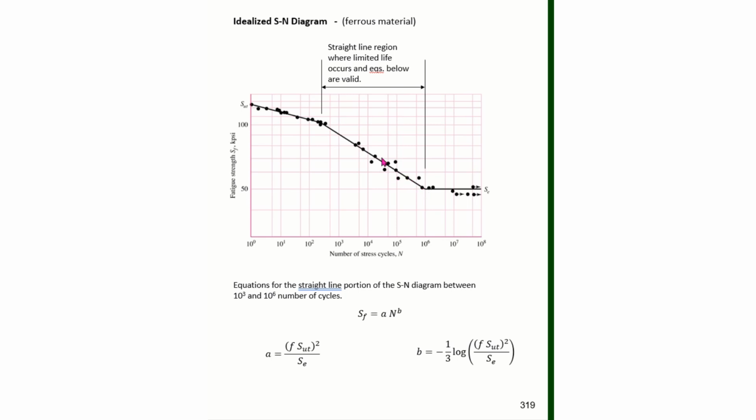The equation of this straight line right here is given by SF is equal to A N to the B. So this is the equation for a straight line in a log-log plot. Just like y equals mx plus b on a regular plot is the equation for a straight line, SF is equal to A N to the B is the equation for the straight line on a log-log plot.